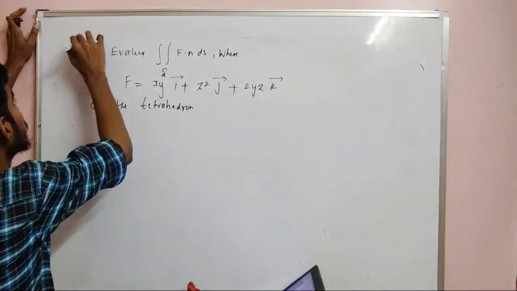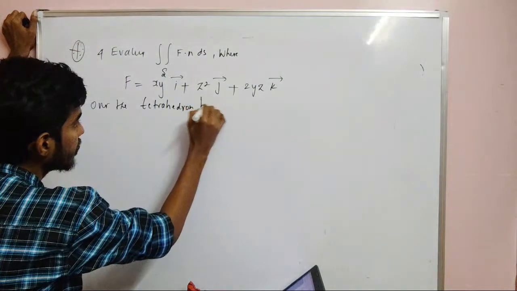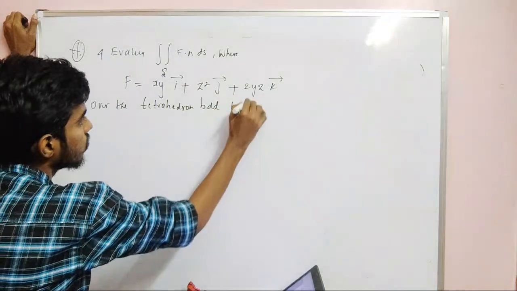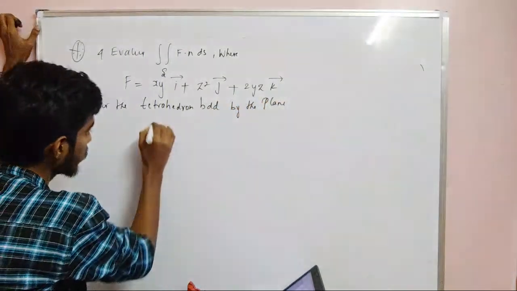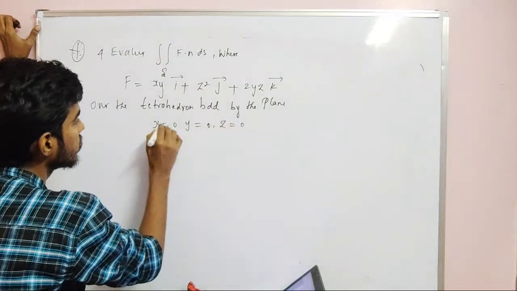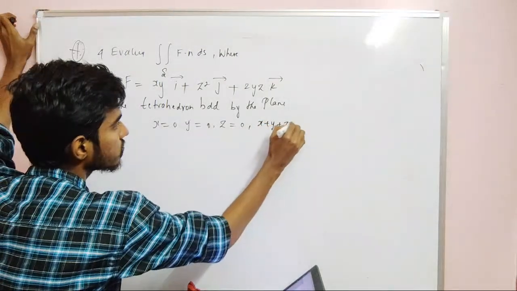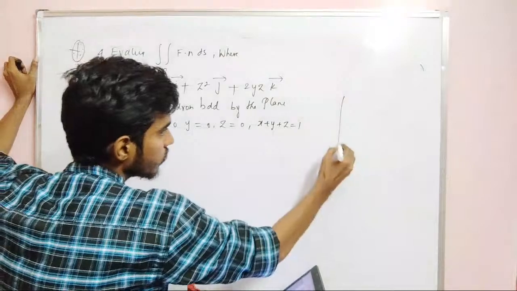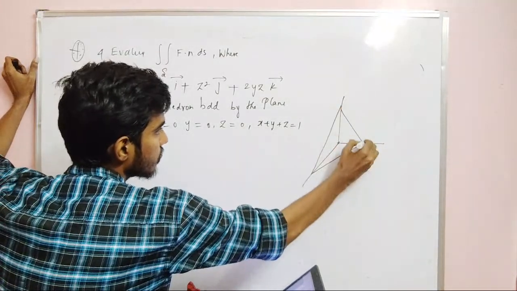A very important problem: over the tetrahedron bounded by the planes x is equal to 0, y is equal to 0, z is equal to 0, and x plus y plus z is equal to 1. That means we need to evaluate over the tetrahedron.